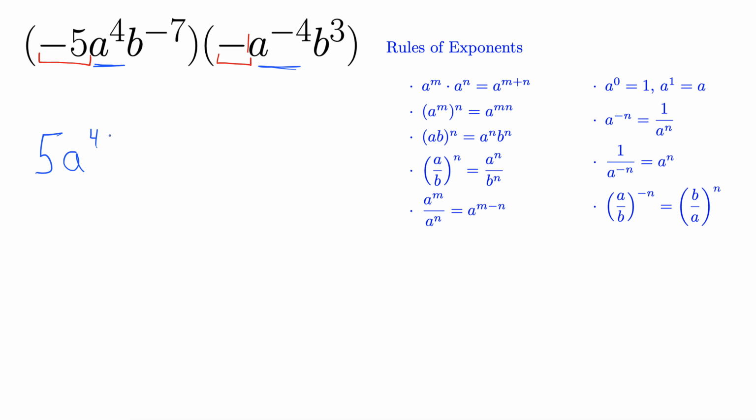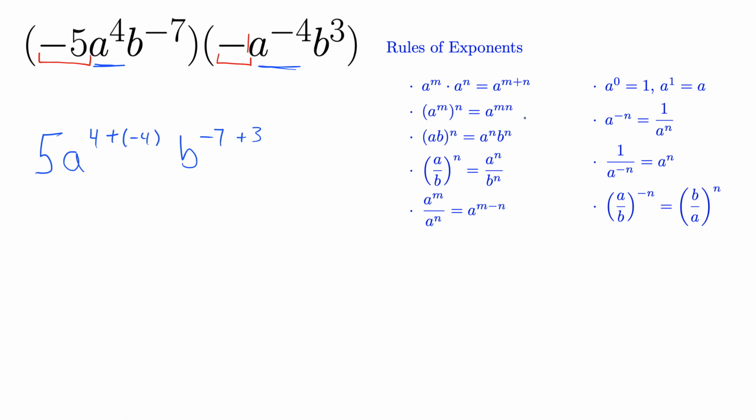So that's going to be a to the 4 minus 4. Since those are the same base, we add the exponents. So I guess really we're technically doing a to the 4 plus a to the minus 4. But in practice, you do so many of these, you start just treating that as a to the 4 minus 4. And then we have b to the negative 7 plus 3.